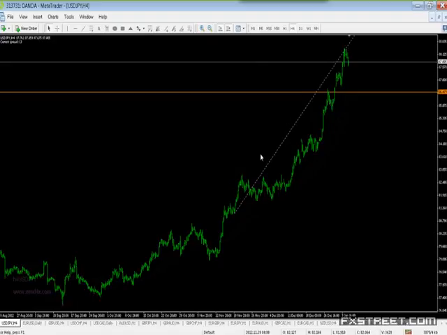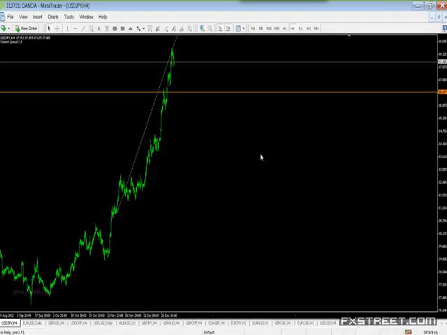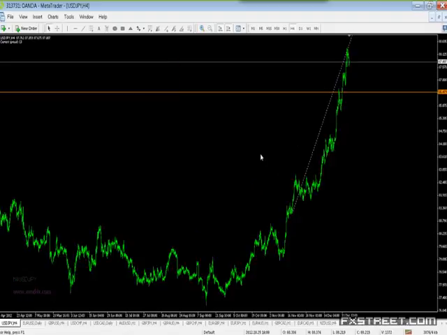As far as the nature of this rally is concerned, it does seem to be demonstrating a fair bit of motive. So if we were talking about buying the dips on this instrument, I guess that would be quite fair, based upon the most recent structure.